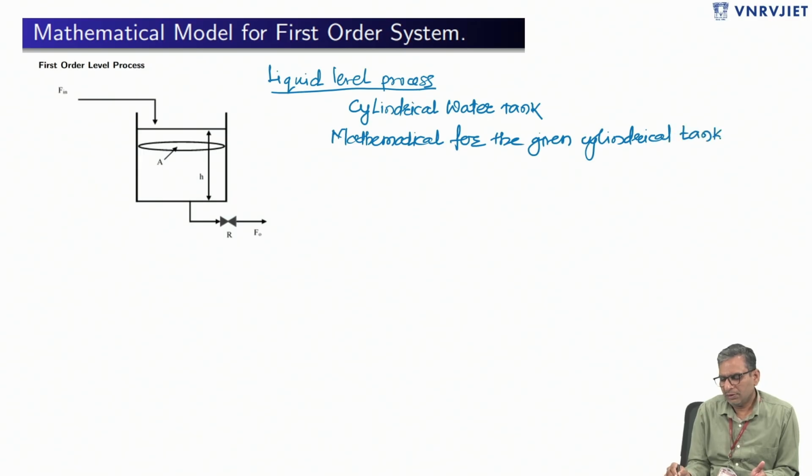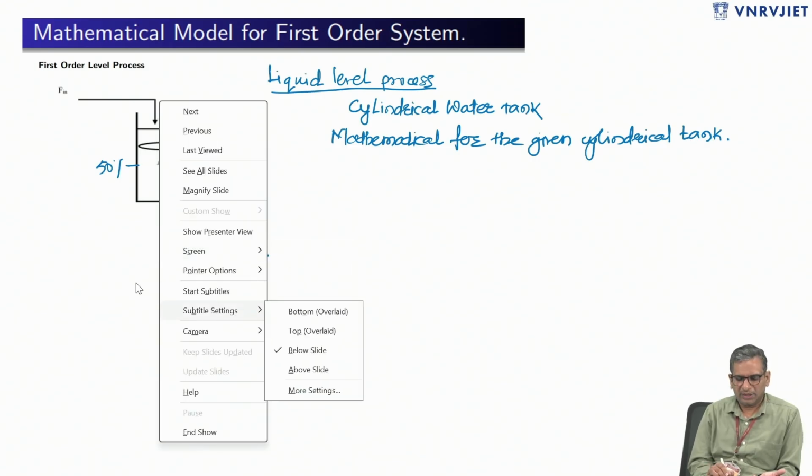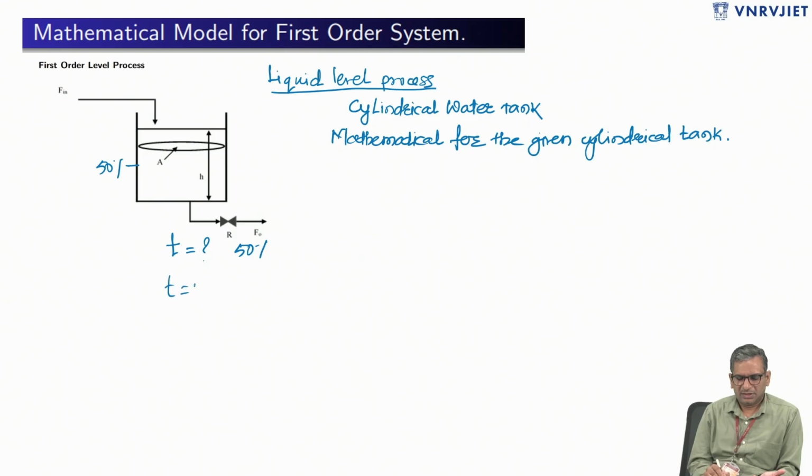Now first thing, why should I have a mathematical model? As we discussed earlier, if I have a mathematical model, what can I do? I need to know how much time is required to get, let's say, 50% water in this particular tank, or at what time t the water level will be 50%, or after say 10 seconds how much the water level will be.